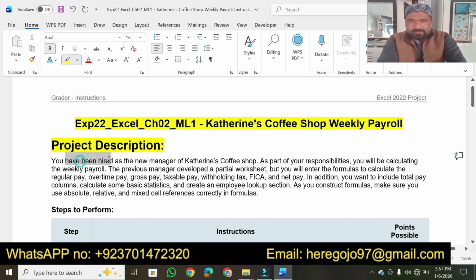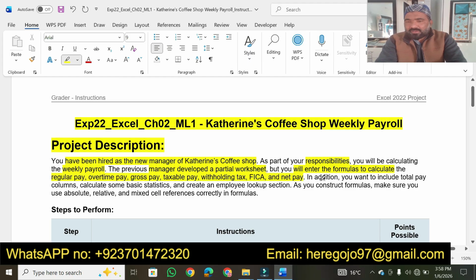You have been hired as a new manager of Katherine's Coffee Shop. As a part of your responsibilities, you will be calculating a weekly payroll. The previous manager developed a partial worksheet, but you will enter formulas to calculate the regular pay, overtime pay, gross pay, taxable pay, withholding tax, FICA, and net pay.